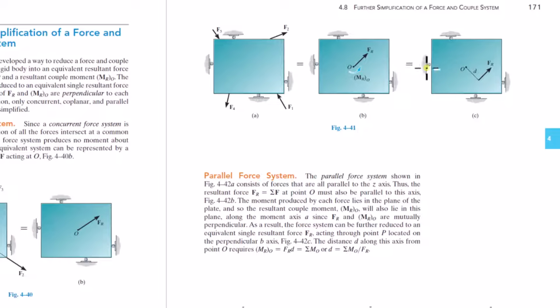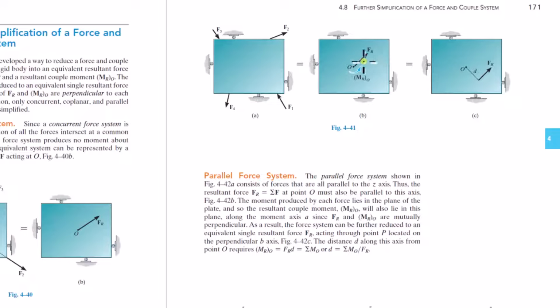But what you can do is you can move FR off of point O, a distance D that results in the magnitude of the couple moment. And also, if you noticed, let's say that you came to this planar problem and there were also some existing couples in the general case.